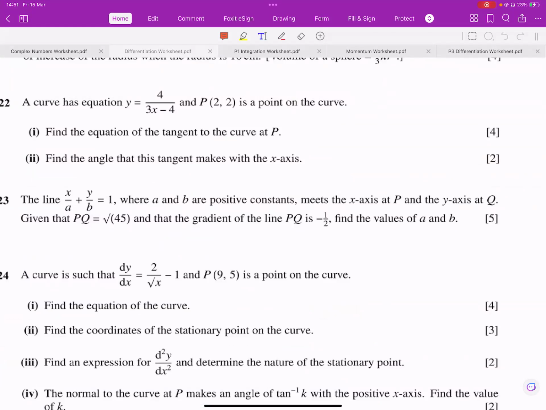Now we know the y-intercept as well. The y-intercept is this, 1.5. So we can write down the equation using y equals mx plus c again. M is minus 3 over 4, so that's minus 3 over 4x plus c. C is 1.5. You can write this as 1.5 if you want, or 3 over 2. Both of them are okay.